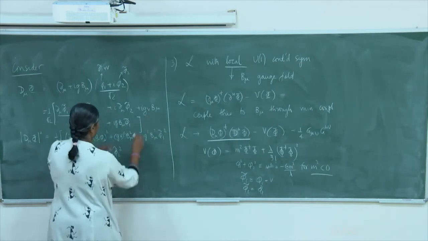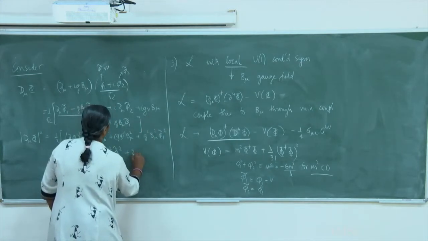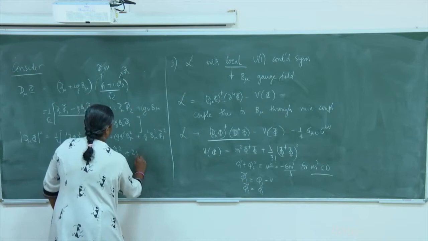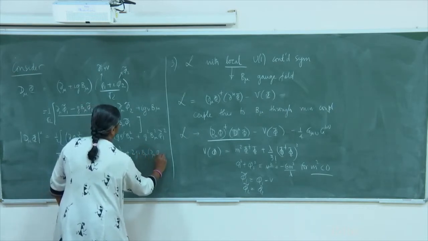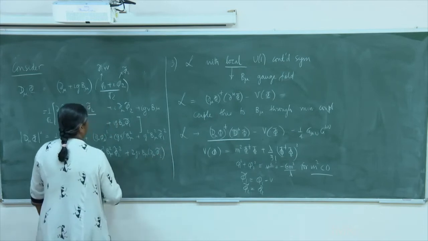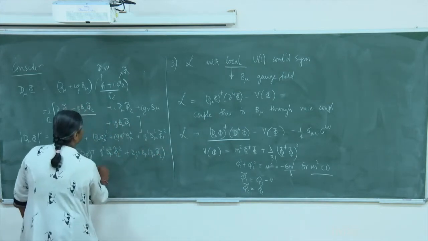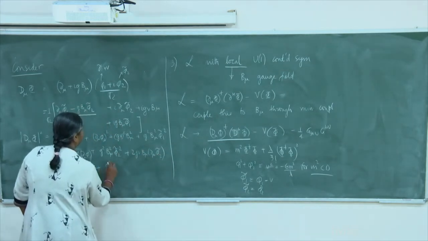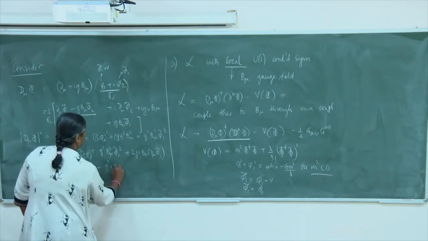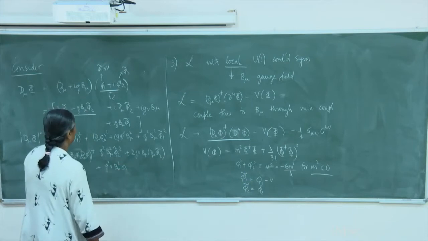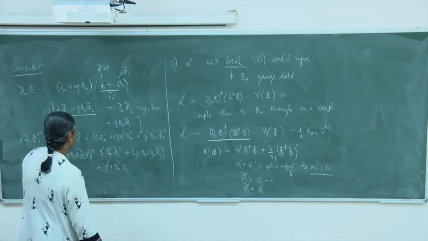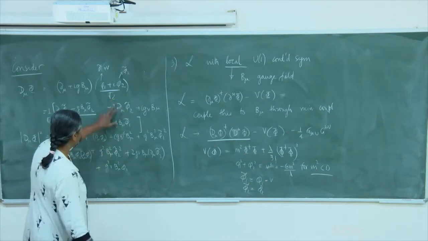Then the cross term of this and this, which was our problem term, and then the cross term of these two, g squared v B mu squared phi 1 tilde, and then sorry, so this cross term, and then this cross term.